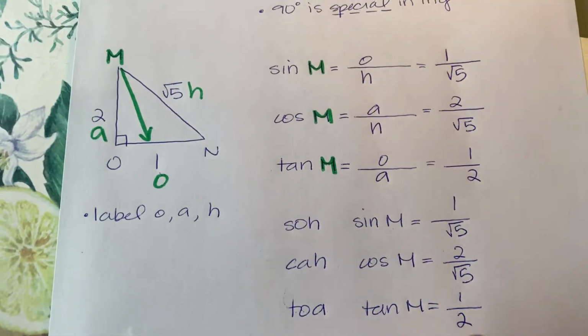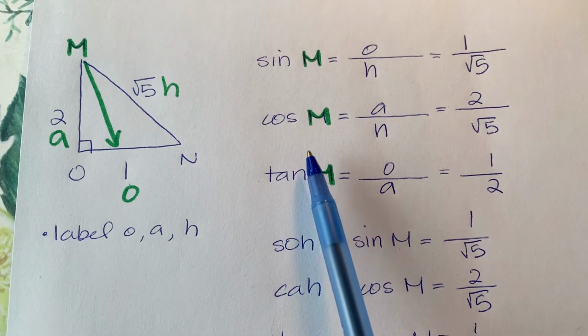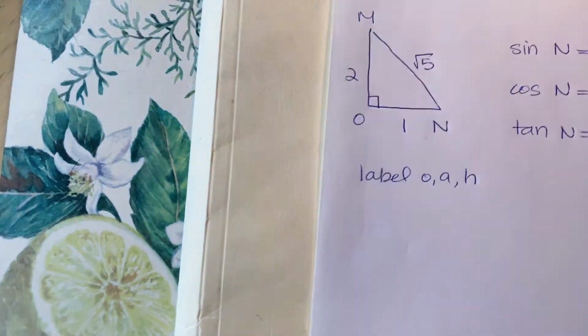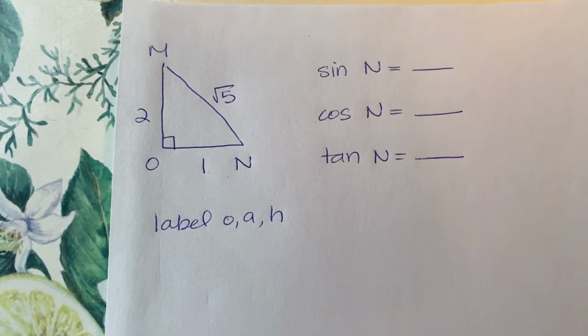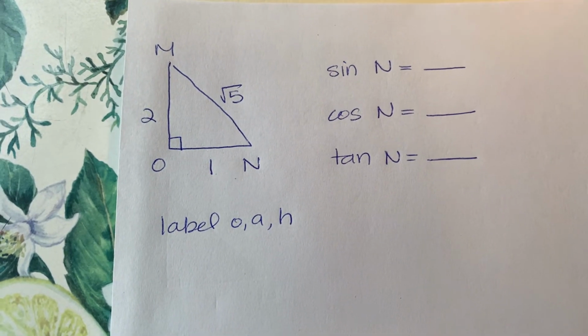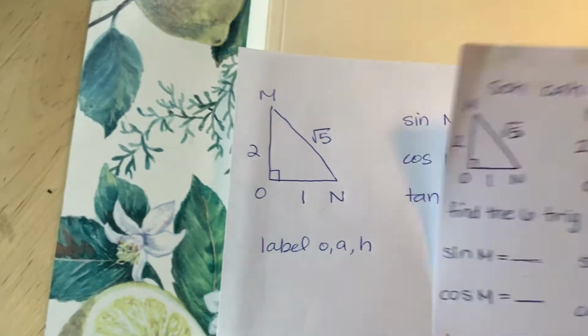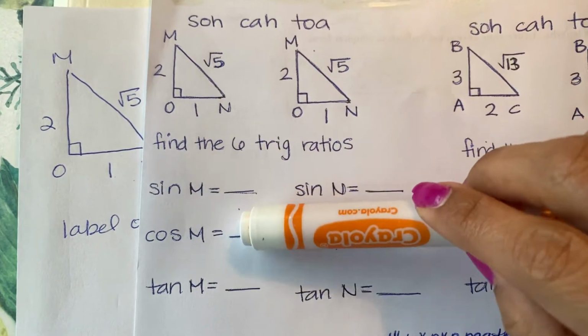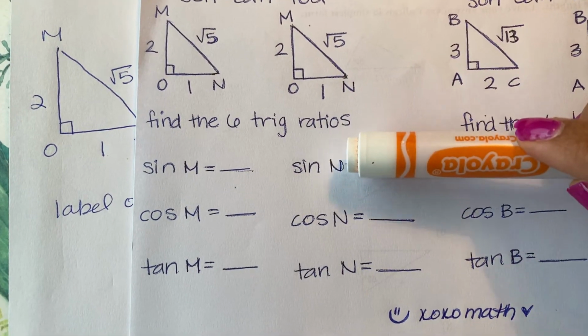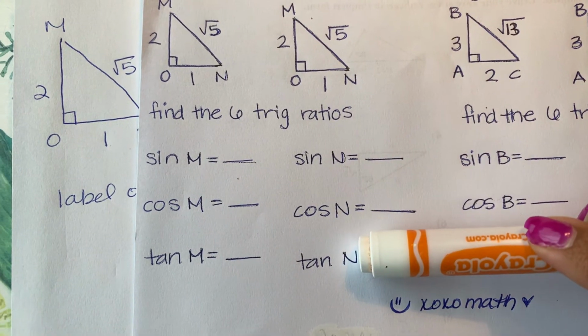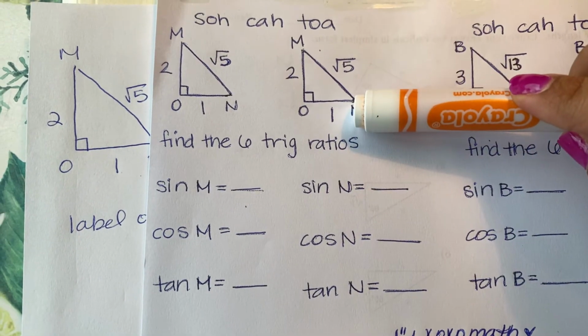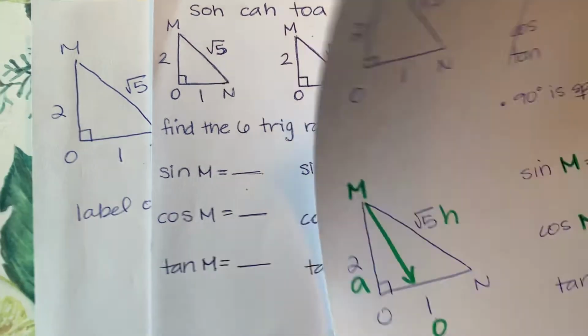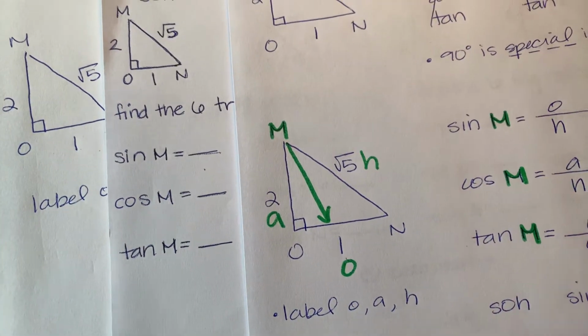I'm going to do the second one because I talked about N, and then we're going to go to the worksheet and I'll show you my answers. So now you get told to do it again, because remember, here's the assignment. We just did M, and you should have those answers, but I'm going to show you what I have written. Now see how it's N, N, N. That's why I rewrote the triangle, because you do not want me labeling orange on top of this.